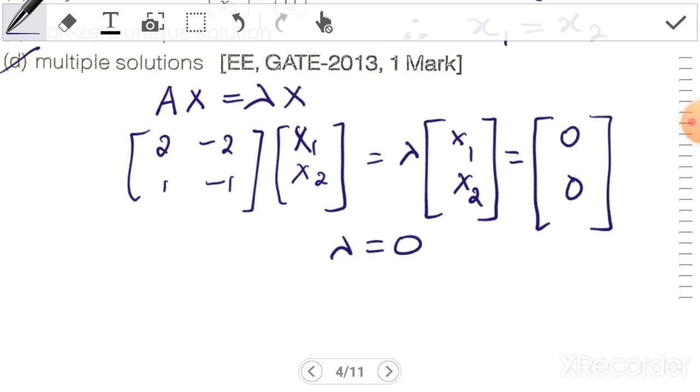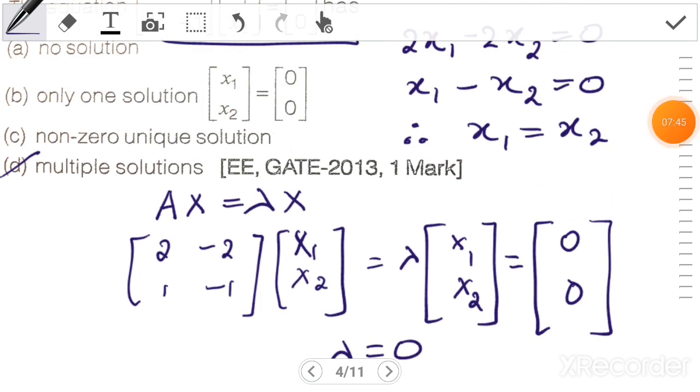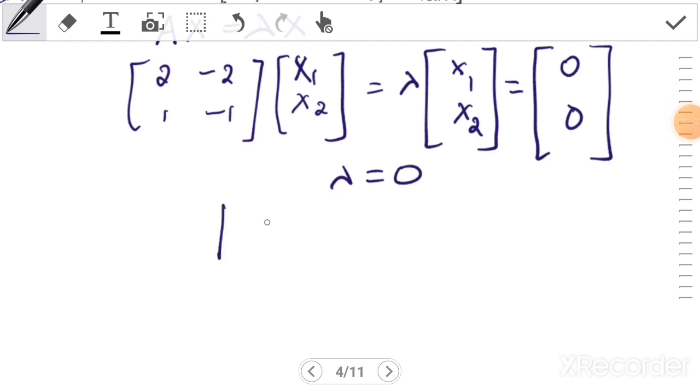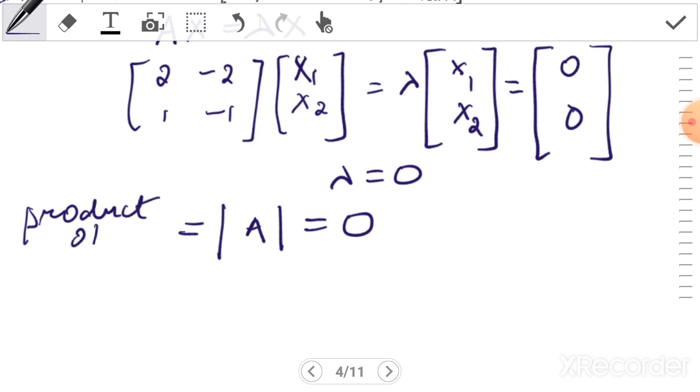Since lambda is equal to 0, that means the determinant is also 0, because we know that the product of eigenvalues is equal to the determinant of A. If the determinant is 0, at least one eigenvalue is 0.